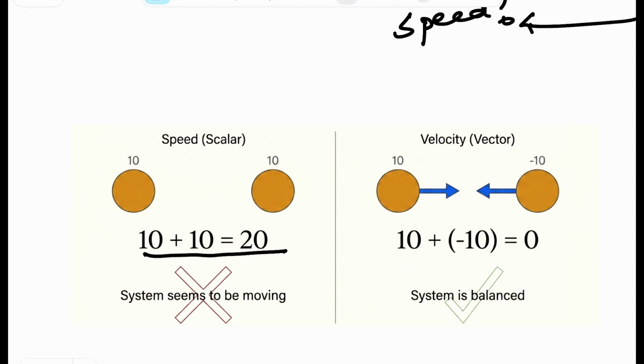And through observation, when these objects are supposed to be stationary after their collision, mathematically it seems that the system should move, which is not the case in reality.